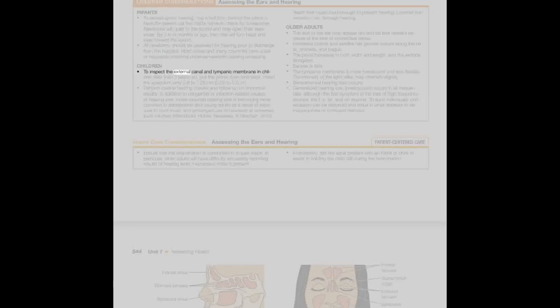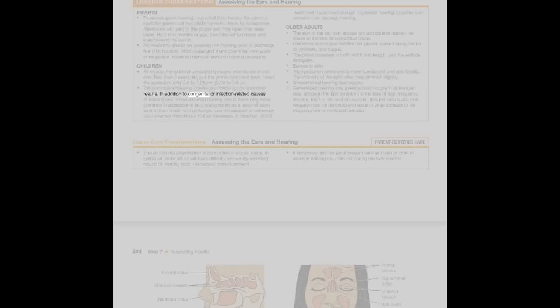Children. To inspect the external canal and tympanic membrane in children less than 3 years old, pull the pinna down and back. Insert the speculum only 0.6 to 1.25 centimeters, 0.25 to 0.5 inches. Perform routine hearing checks and follow up on abnormal results.